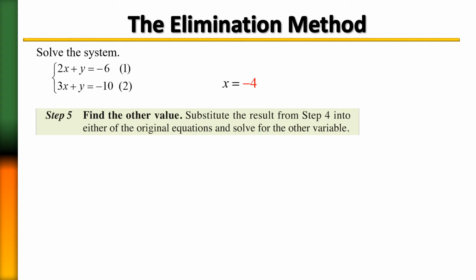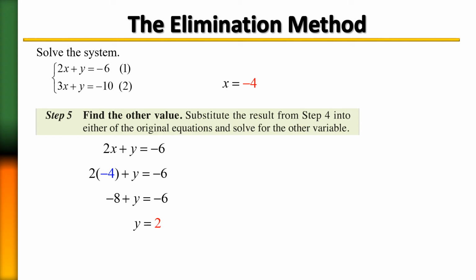So into the first equation, we're going to remove the x and replace it with -4. Now we have to do the math. Order of operation, multiplication, 2 times -4 is -8. Next step to solving for y is to add 8 to each side, and y equals 2. So our solution then is -4, 2.